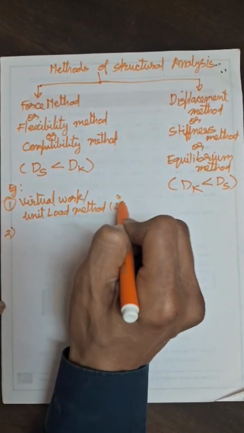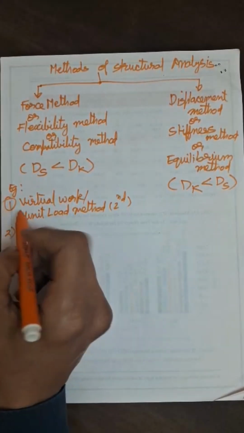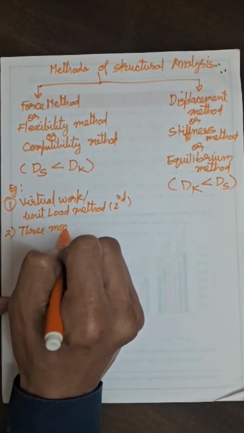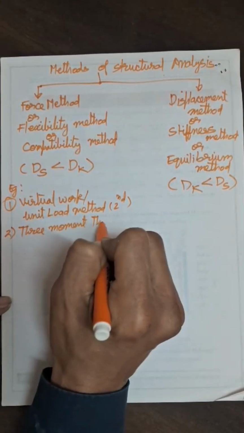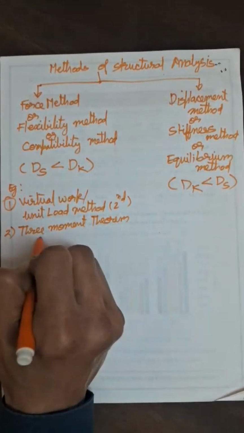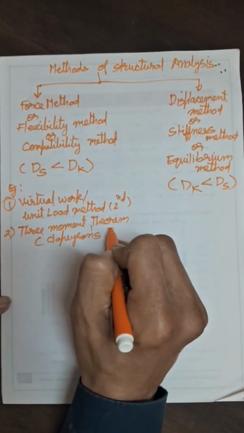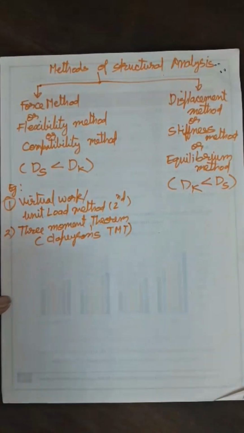Okay, so this is the second theorem of Castigliano. Then three moment theorem. This is also known by the name Clapeyron's three moment theorem. I am writing in short.